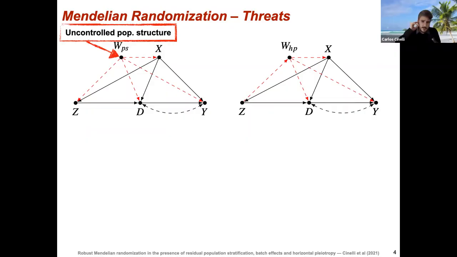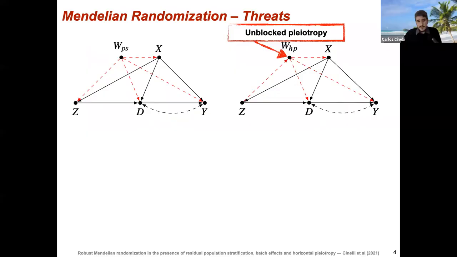And X is not sufficient to block the confounding effect due to WPS. And in the DAG on the right, now we change the direction of the arrow. So now the instrument is causing WHP. So we can have unblocked pleiotropy, such as WHP here, that affects our outcome other than through its effect on our exposure trait D.